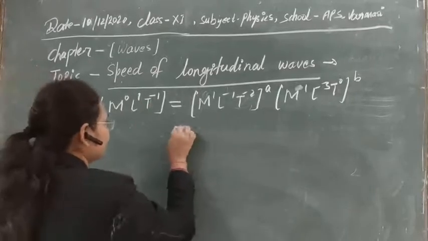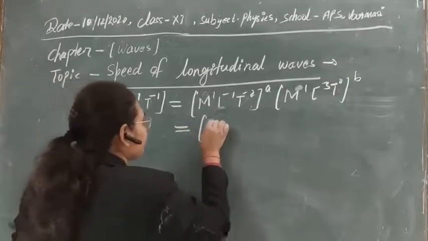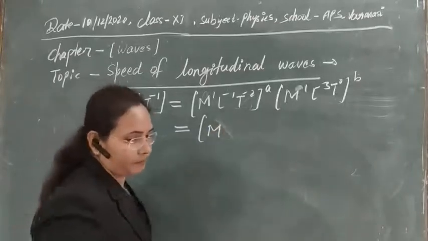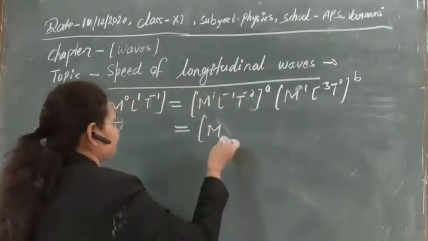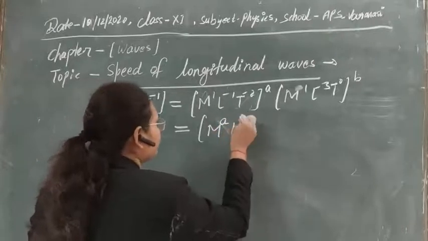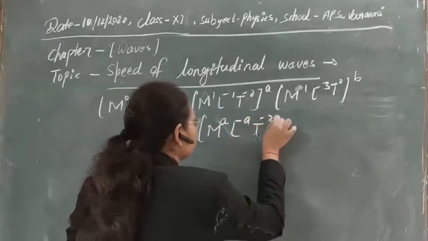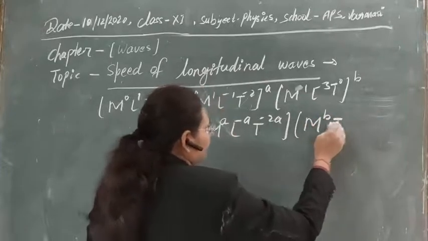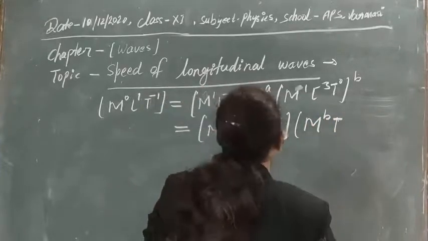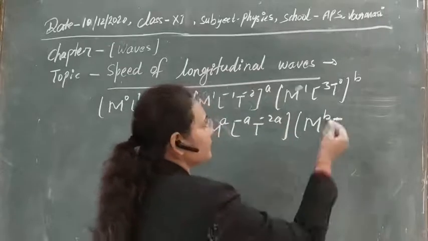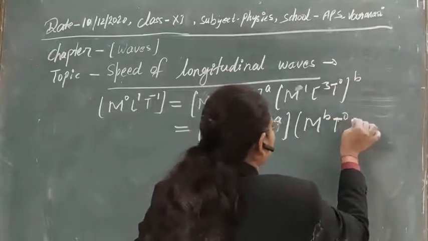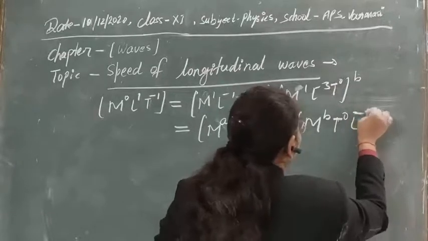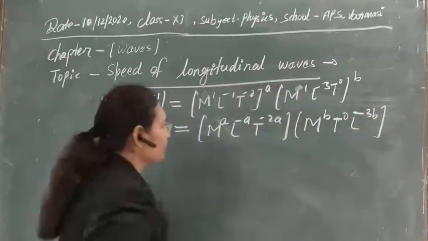Now let's solve it again. Then it will be M^a L^-a T^-2a, and here we will get M^b. For T, it will obviously be 0 here, and L^-3b here.